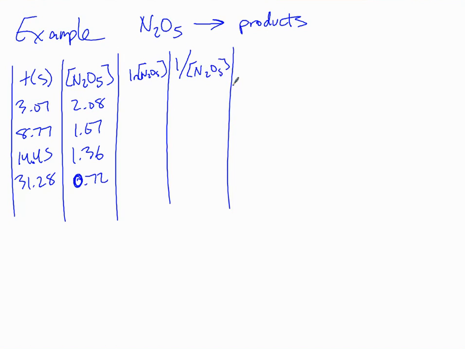Okay, so here's what our data table is going to look like. Now, it's kind of difficult to look at something like this in your head and figure out, is it really a straight line? Talking about concentration versus time.